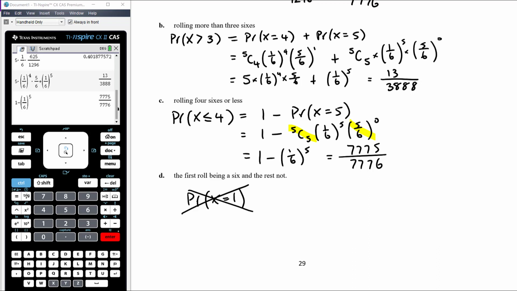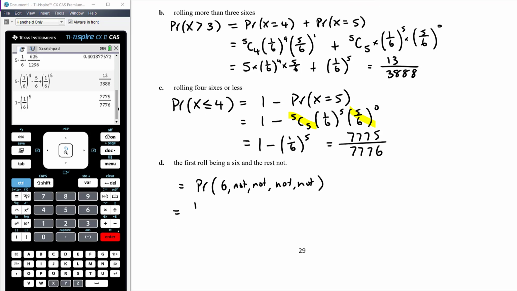Okay, we're actually only interested in one specific branch of this tree diagram. So this is the probability that we get a 6 and then not, and then not, and then not, and then not. So we can just work that out. That's just thinking through that single branch of the tree diagram. So the probability of getting a 6 on the first roll will be 1/6, then not a 6 is 5/6, not a 6, not a 6, not a 6.